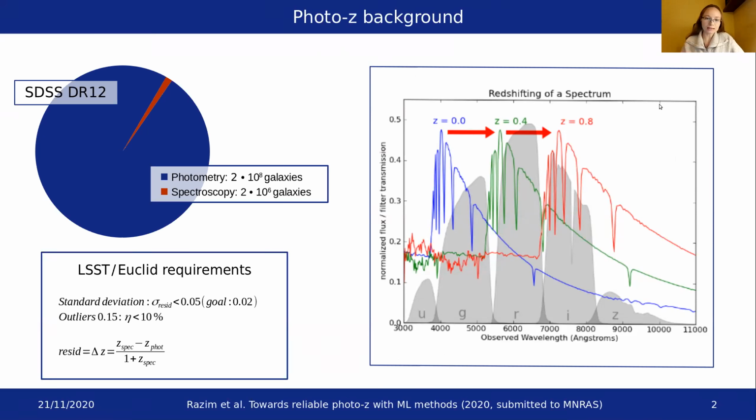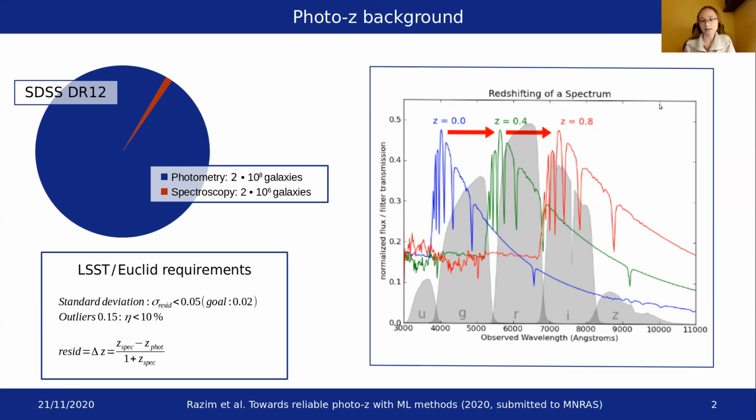So just a little bit of the background on the photometric redshifts. Basically, in order to conduct cosmological and galaxy evolution surveys, we have to obtain redshifts for millions of galaxies. But spectroscopy is way too slow a method to provide us with this number of redshifts. So massive surveys, current and upcoming, rely on photometric redshifts, which is a method that uses the following approach.